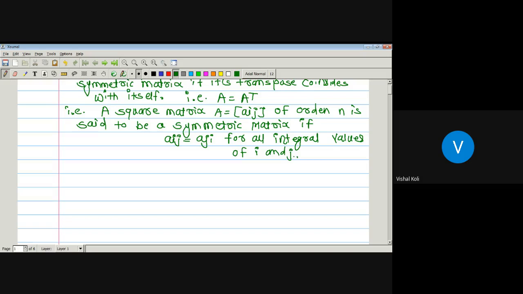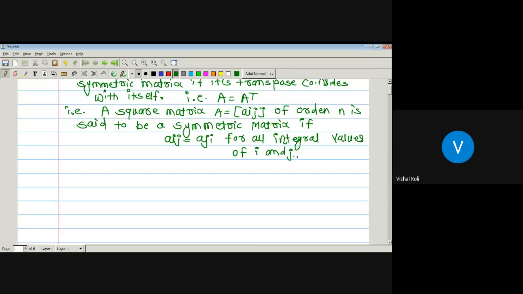Okay, so any square matrix A is said to be symmetric if Aij is nothing but Aji for all integral values of i and j. That is, the element in the ith row and jth column is the same as the element in the jth row and ith column, and it is true for every integral value of i and j. Then we say that the corresponding matrix A is a symmetric matrix.